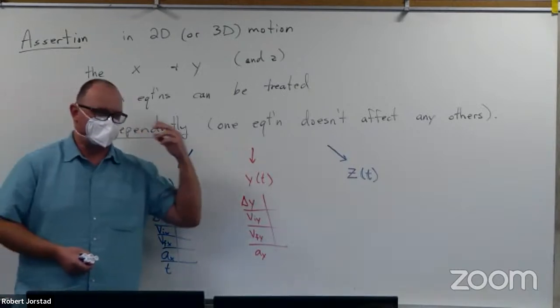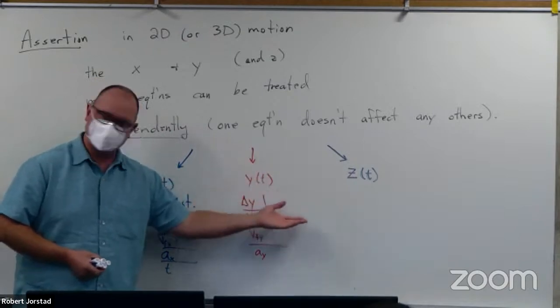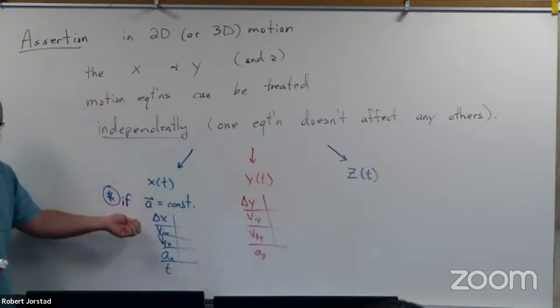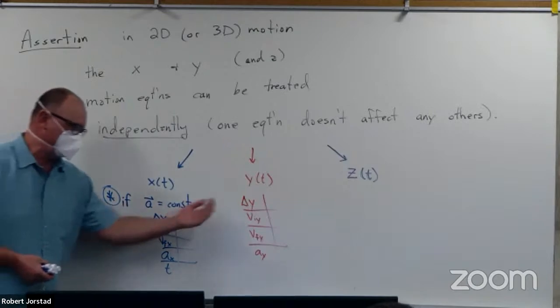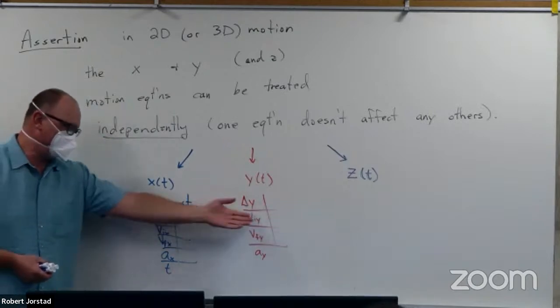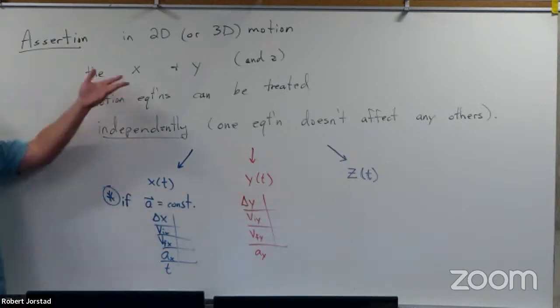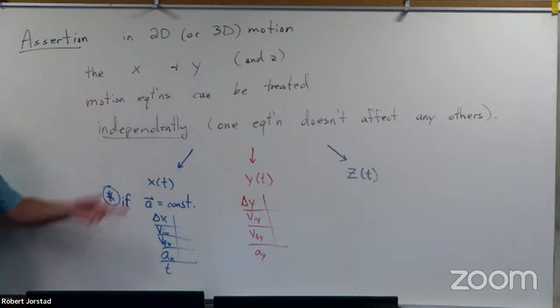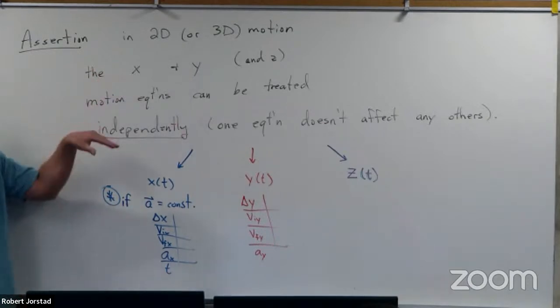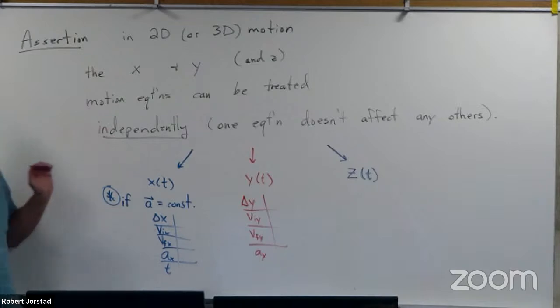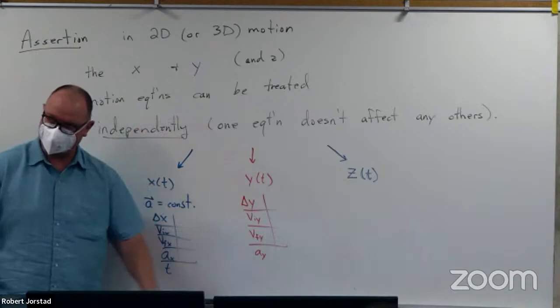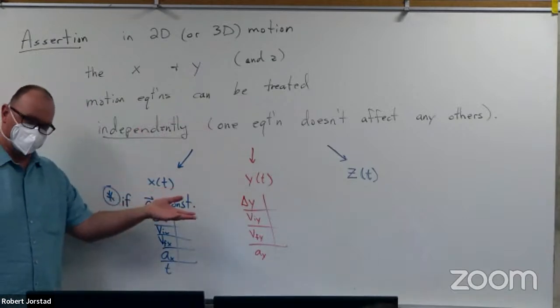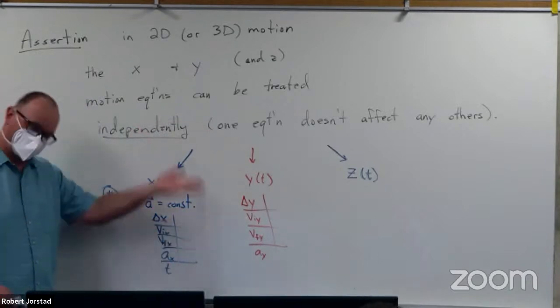We could use the cop equations and the cop variables, and then we use the speeder equations and the speeder variables, and they had the same T. That's still going to apply here, because when you throw an object, oh, that was pretty cool. When I throw this object across here, it's in flight horizontally for the same amount of time as it is vertically, right? It's in the air moving horizontally for the same amount of time it's in the air moving vertically.